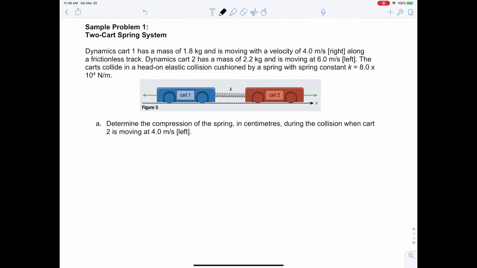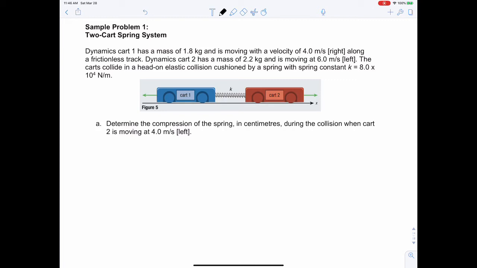Okay, let's do an example of one such system. We have two dynamics carts with a spring in between them. Dynamics cart 1 has a mass of 1.8 kilograms and is moving with a velocity of 4 meters per second right along a frictionless track. Dynamics cart 2 has a mass of 2.2 kilograms and is moving at 6 meters per second left.